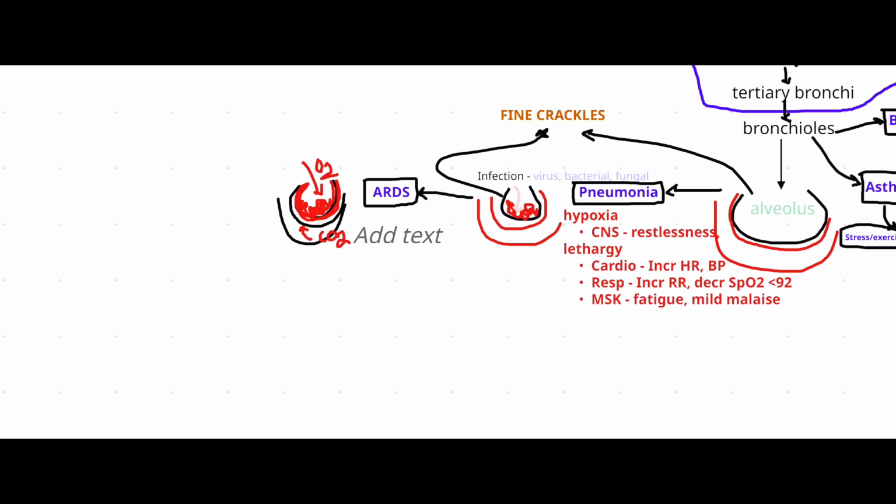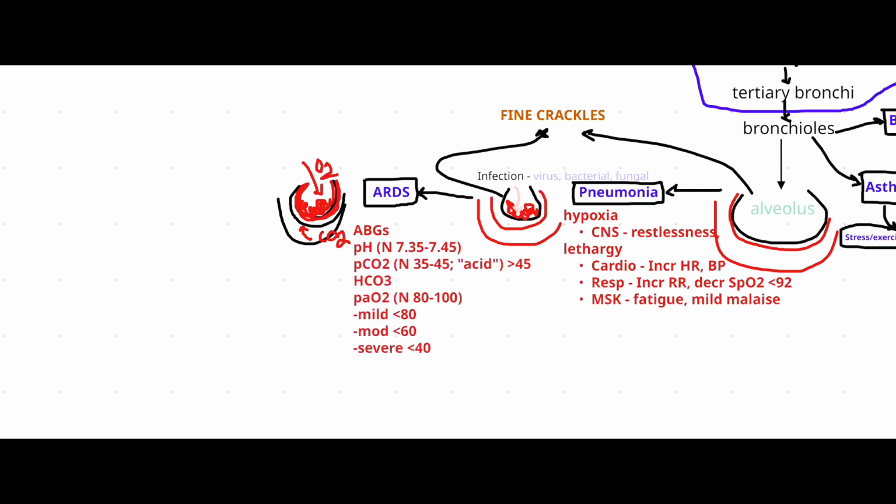Now, how do we truly know that there's an acidosis? We're going to measure the pH, right? And normal pH is 7.35 to 7.45. Let me tell you a little bit on the side note here about pH. pH stands for what?